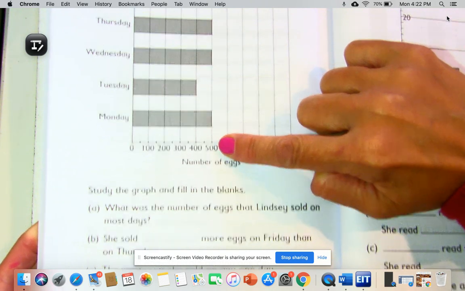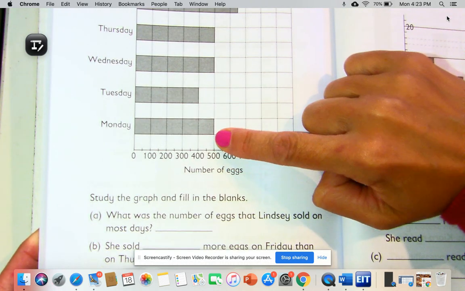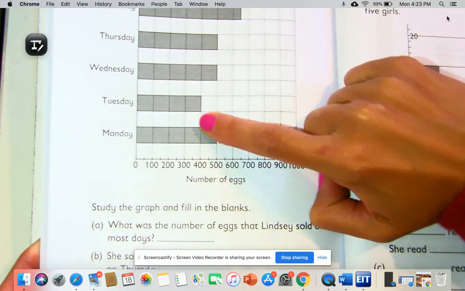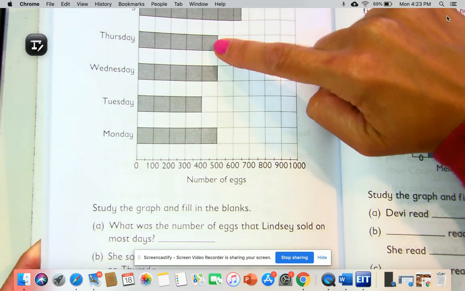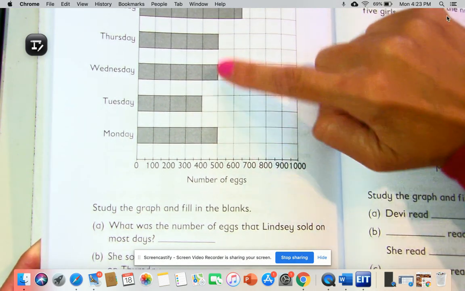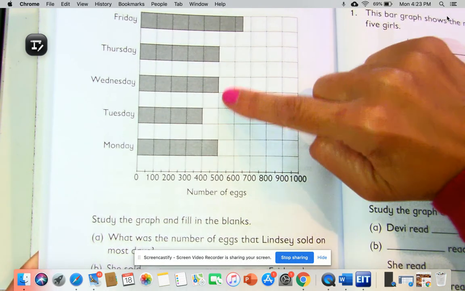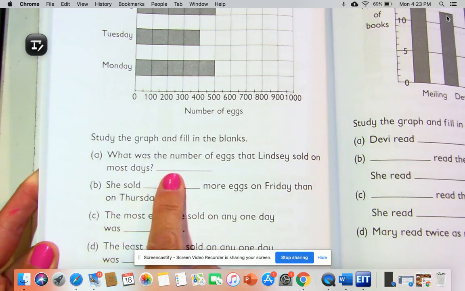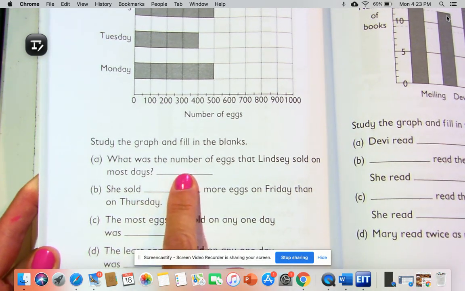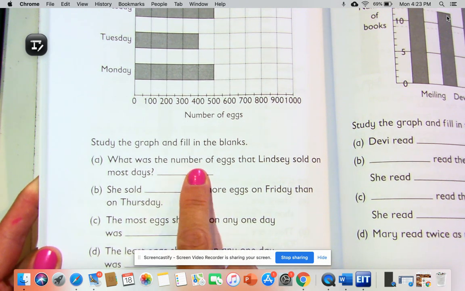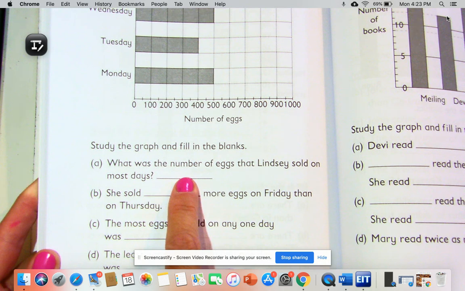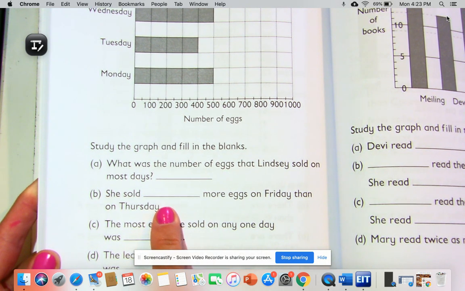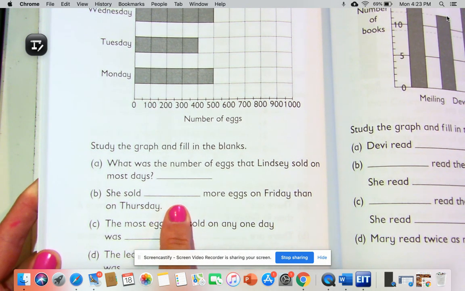There it is, because she sold 500 on Monday, not on Tuesday, but 500 she sold on Wednesday, 500 she sold on Thursday. So on most of the days, on 3 days out of the 5 days, she sold 500 eggs. So they're looking for a number here. What was the number of eggs that she sold on most days? That would be 500. She sold blank more eggs on Friday than on Thursday.